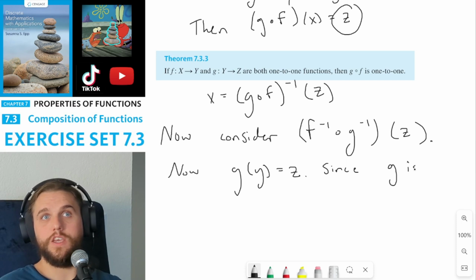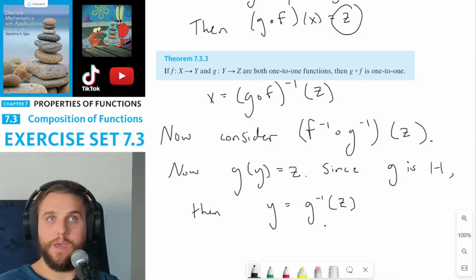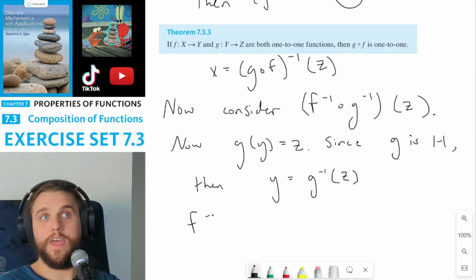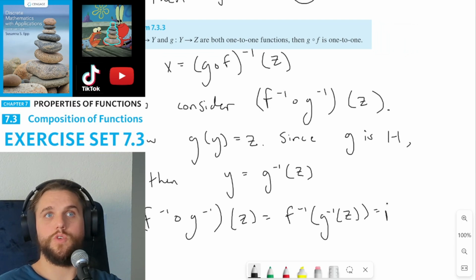Since g is 1-to-1, that means that y is g inverse of z. So y is the only pre-image of z. So then f inverse of g inverse of z is really just f inverse of y, since g inverse of z is y.